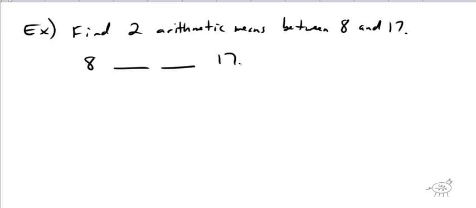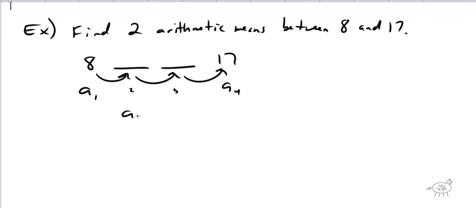So I'm trying to figure out the value of D to add to this, and then to add to this, and then I'll finally get 17. So guys, this is just like using our old arithmetic sequence formula. I'm giving you a sub 1, this is a sub 2, 3, and I'm giving you a sub 4. And you got to find D.